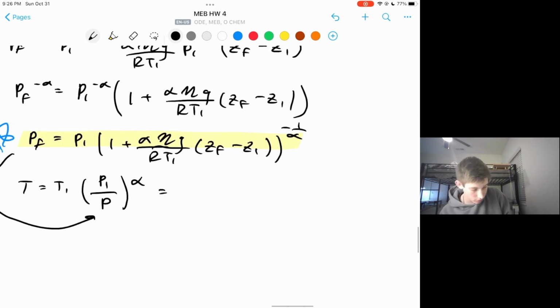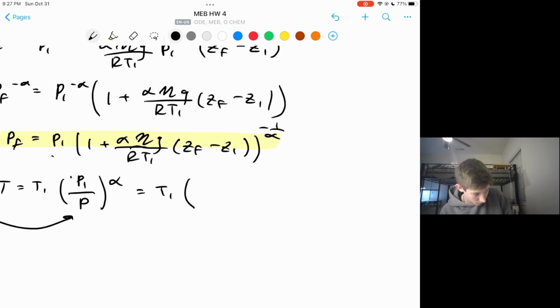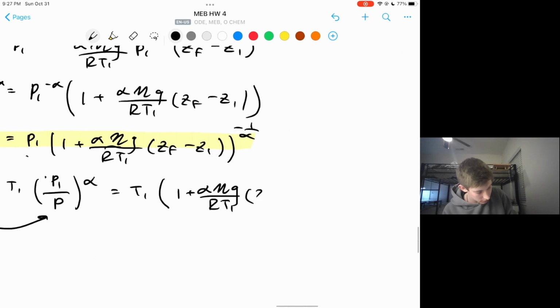So then this will equal T1 times, these P1s will cancel out here, so we're just left with 1 plus alpha times molecular weight times gravity over T1, multiplied by the difference in altitude, and then these powers here cancel out as well.